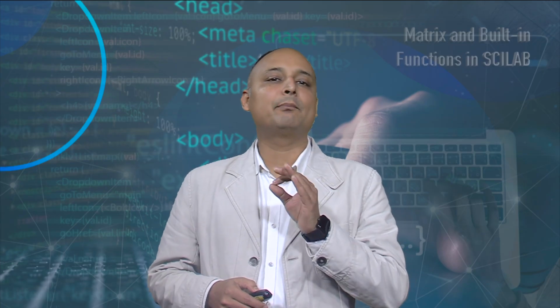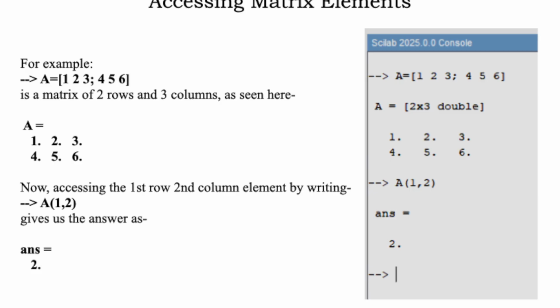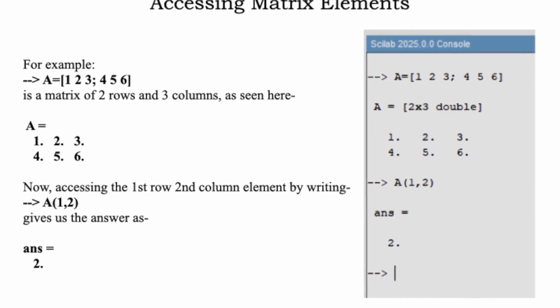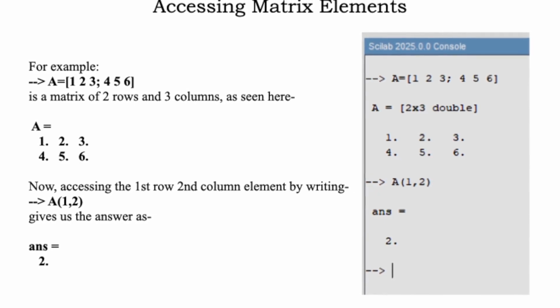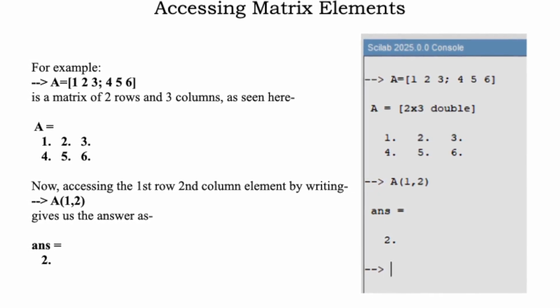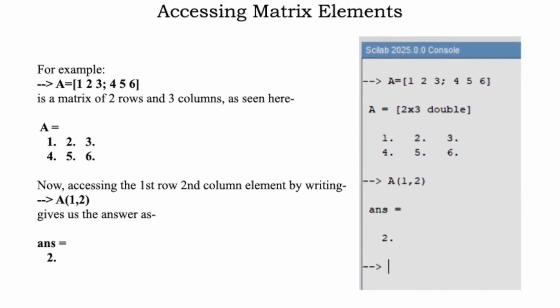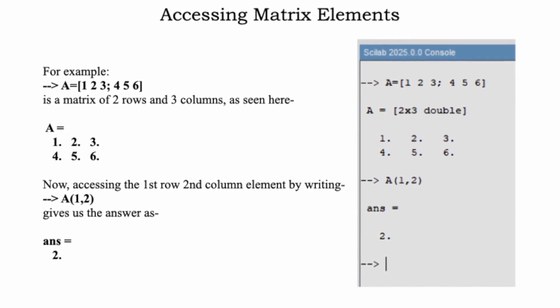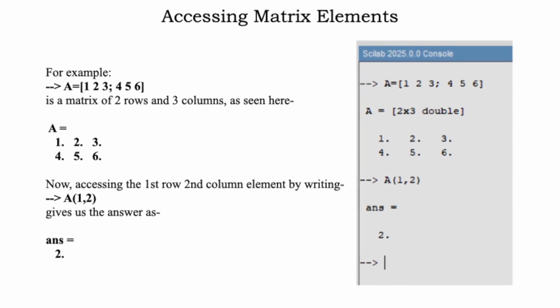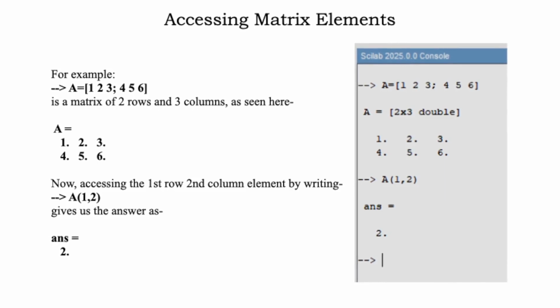This is for element by element matrix accessing. For example, A = [1, 2, 3; 4, 5, 6] is a matrix of 2 rows and 3 columns, with 1, 2, 3 in the first row and 4, 5, 6 in the second row. Now accessing the first row, second column element by writing A(1, 2) gives us the answer 2.